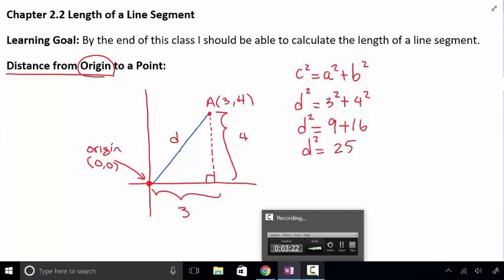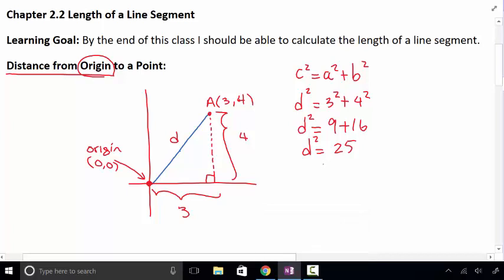Is that the answer? Is the distance 25? Of course not, right? How could the distance of that blue line be 25 when these are 3 and 4? That can't be possible. So what do you have to do with this? Okay, you have to square root it. When I square root it, I get D equals 5. The distance between the origin and point A then is 5. Okay, so here we go.